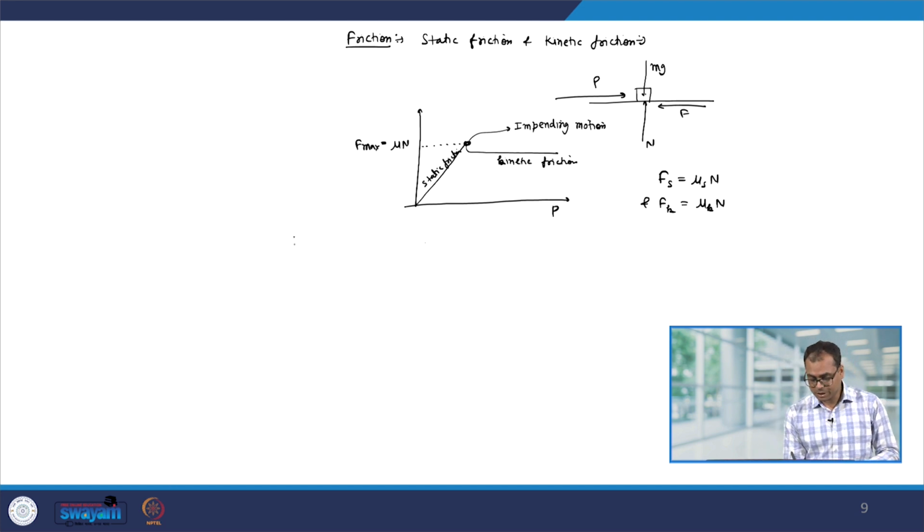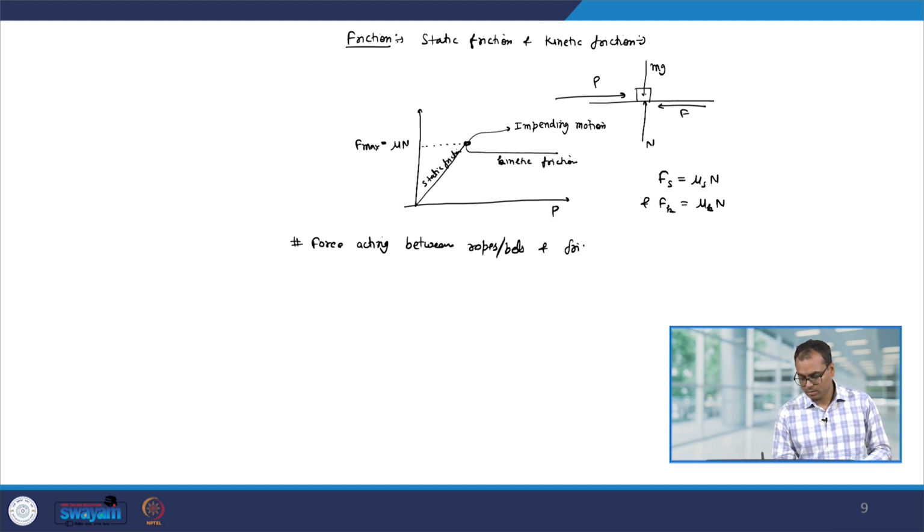Okay. We also studied the force acting between ropes or belts and frictional surfaces. Okay. So, for example, suppose I have a peg and on this peg I have a rope. Okay.